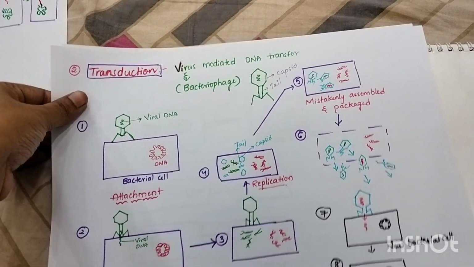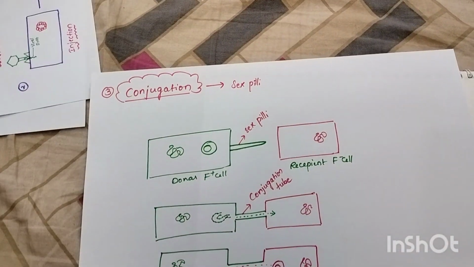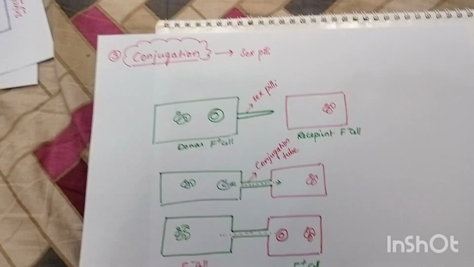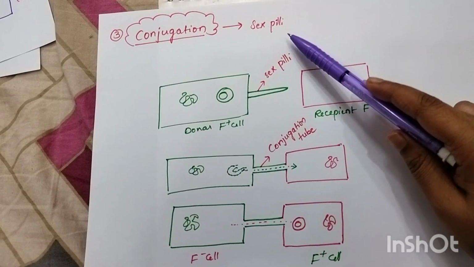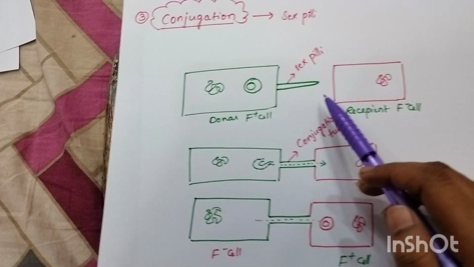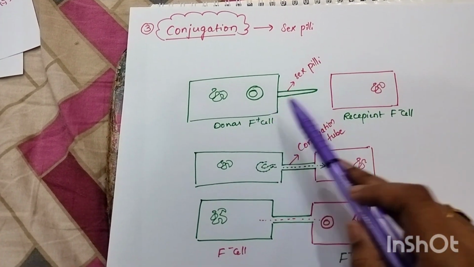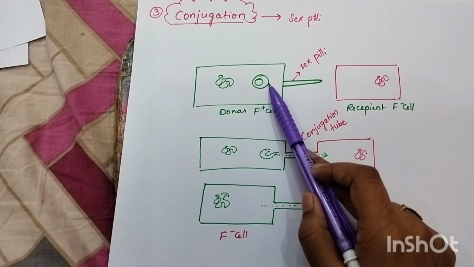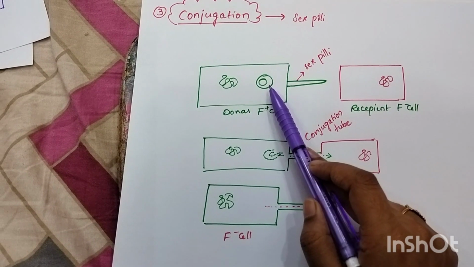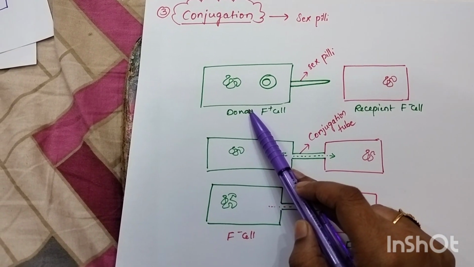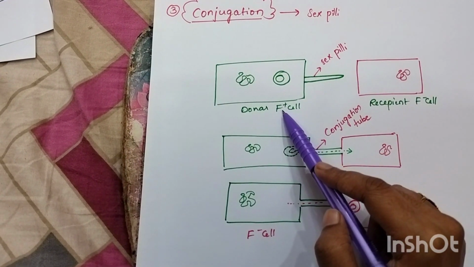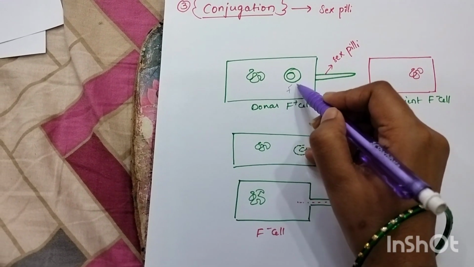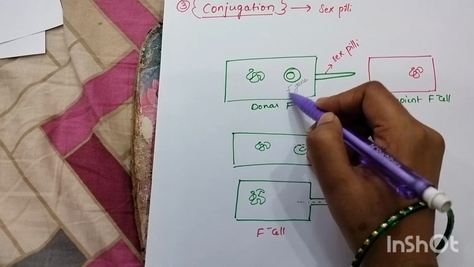Then comes the next type of sexual reproduction in bacteria, conjugation. Here the conjugation occurs with the help of sex pili. There are two types of bacterial cells present. One is the donor cell, because it has a plasmid. If the plasmid is present in the bacterial cell, then it is called a donor cell. It is also called an F plus cell, because this plasmid has a gene called the F gene. F gene means fertility gene.